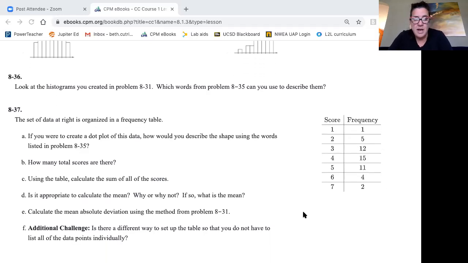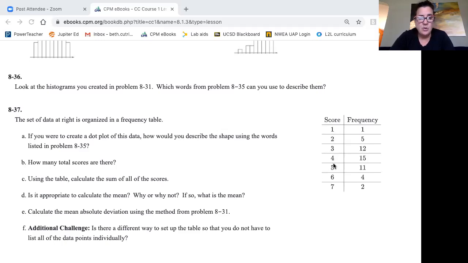And then you're going to calculate the absolute deviation. So once you get what the average score was, which I'm pretty sure is going to be this middle one because there's so many there, you're going to see how far away from the middle, from the mean, each of these scores are. So 1 is going to be 3 away from 4. 2 is 2 away from 4. 3, and so on.